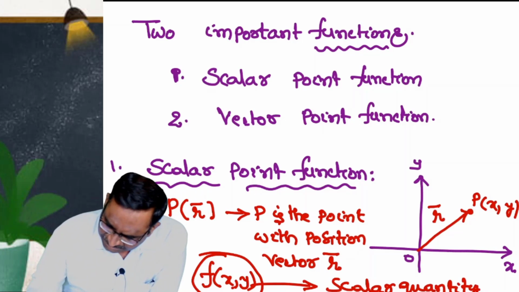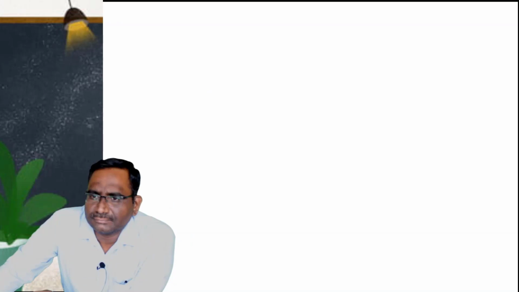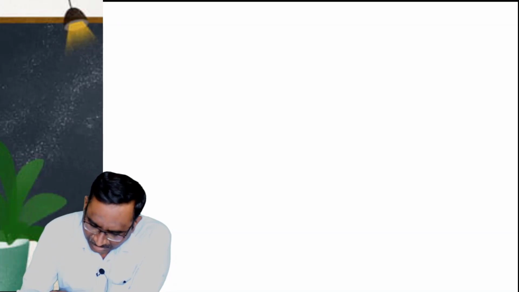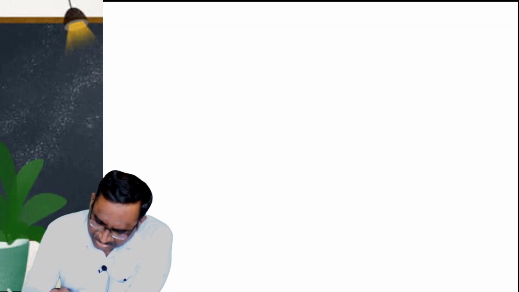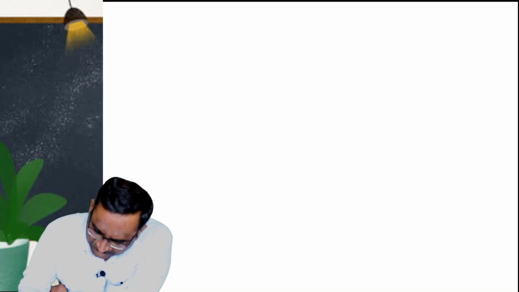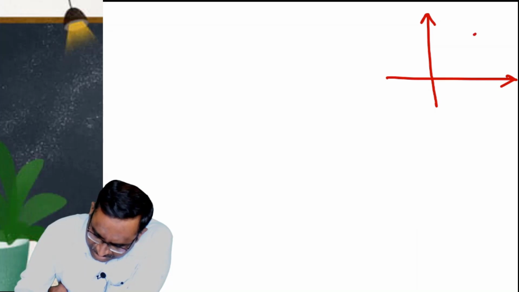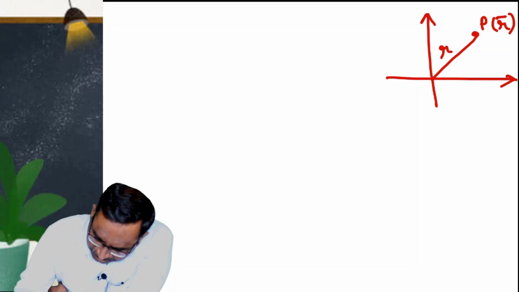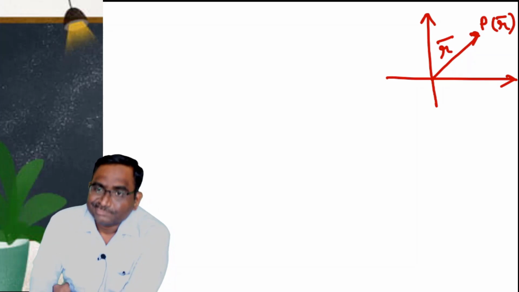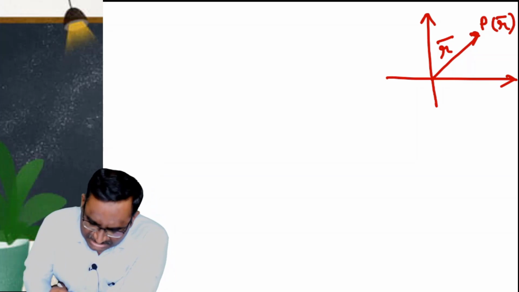That means corresponding to this position vector, this is my P of r bar, this is my r bar, there is a scalar quantity.